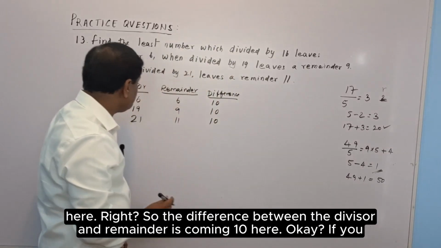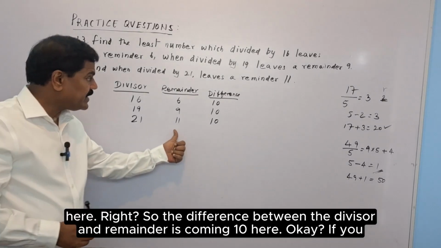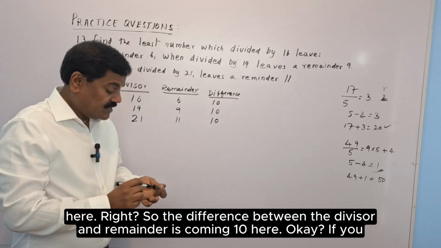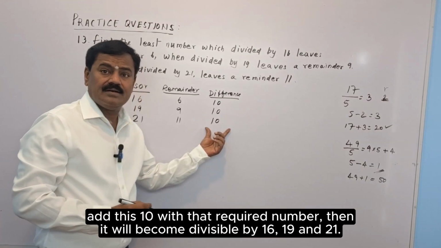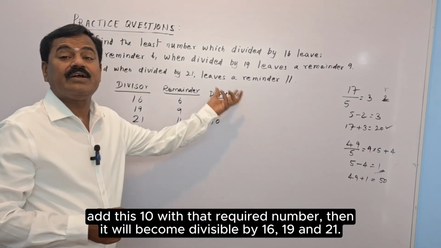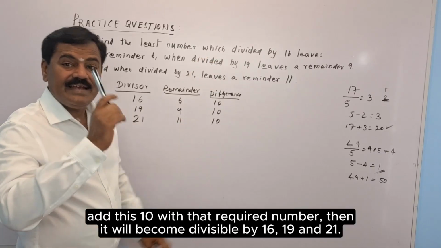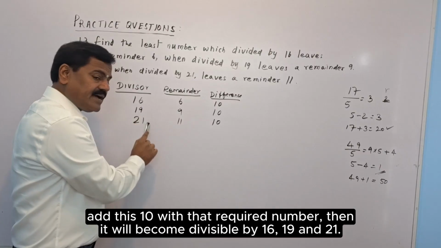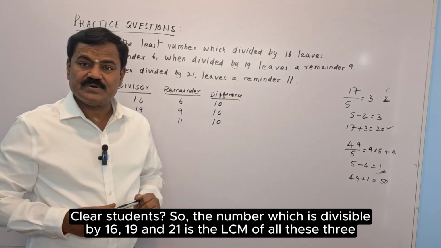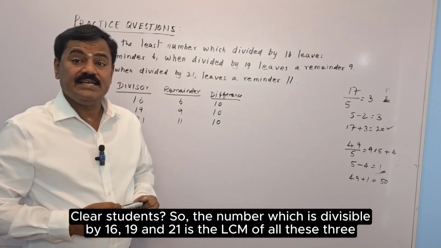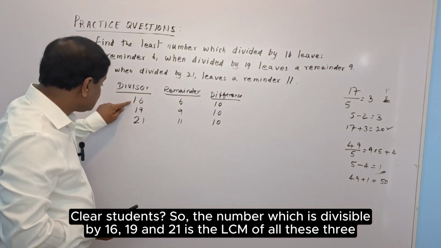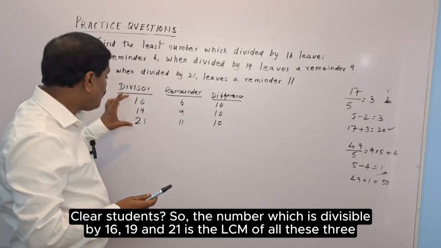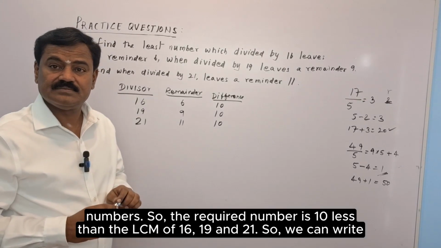So the difference between the divisor and remainder is coming 10 here. If you add this 10 to the required number, then it will become divisible by 16, 19 and 21. Clear, students? The number which is divisible by 16, 19 and 21 is the LCM of all these three numbers, right?